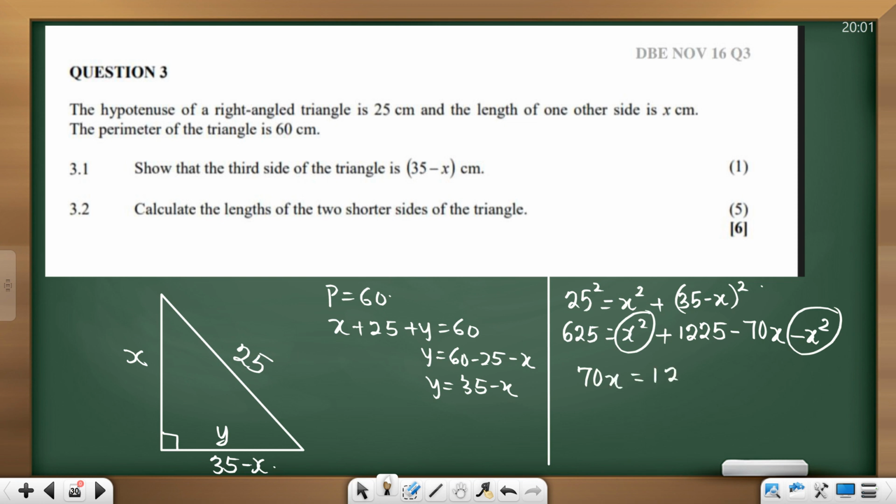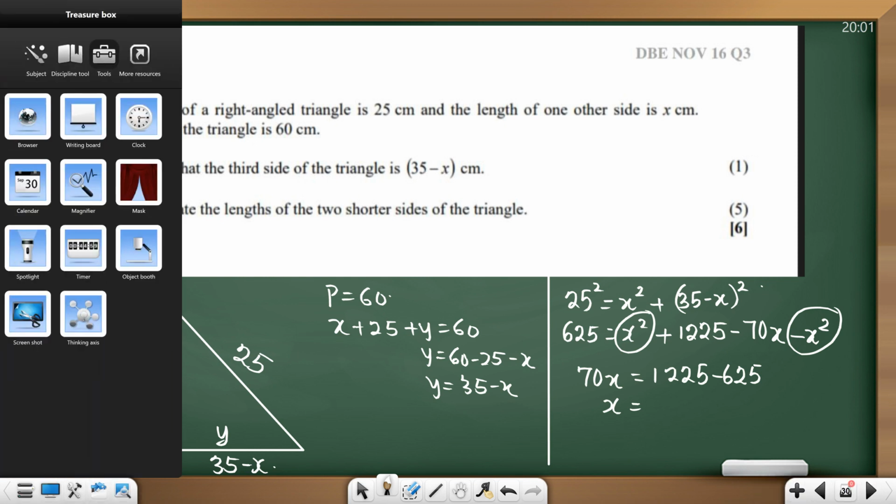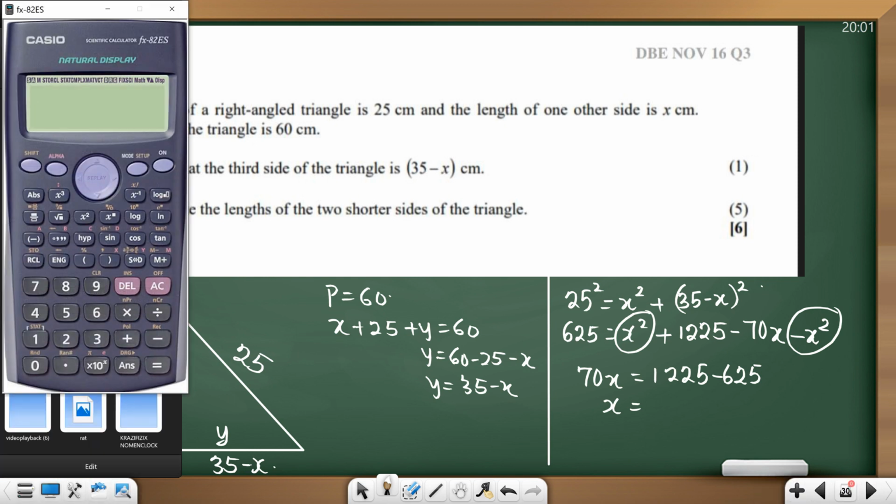Then 1225 minus 625, then we divide by 70. Do you see there? 1225 minus 625.